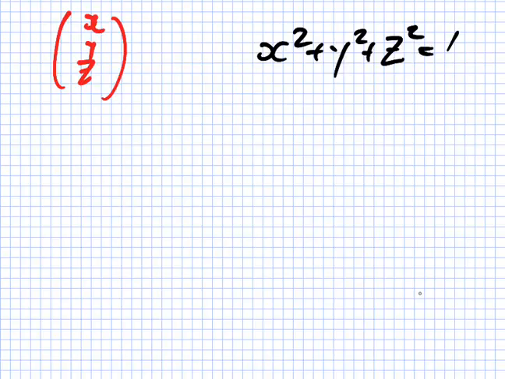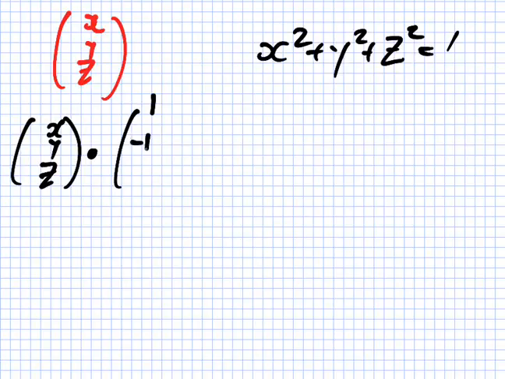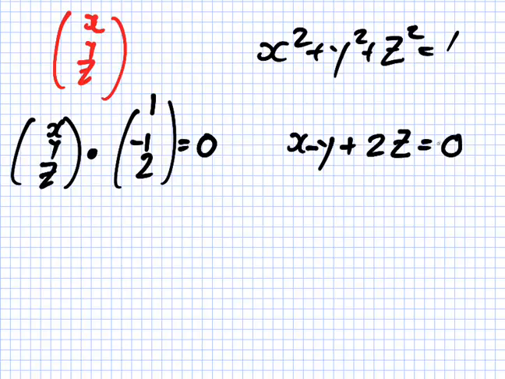Okay. I also say that x, y, z dot, what's the first vector I give you there? I minus j plus 2k. That's the first vector in number 2, is it? So how many i's? 1. And j's? Minus 1. K's? 2. This, I tell you, equals 0. So this means x minus y plus 2z equals 0.